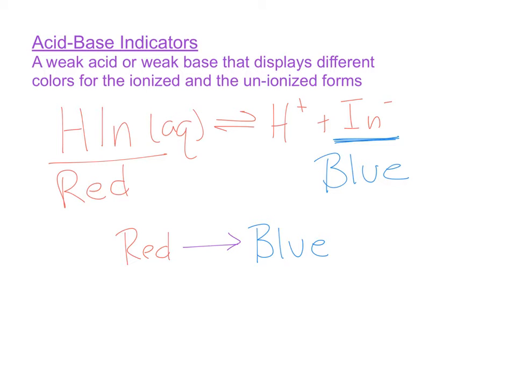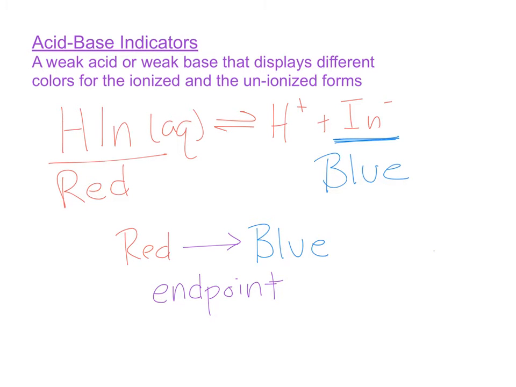And the end point is essentially how we can determine what the equivalence point is for any titration, okay? The end point is the physical indication where the color changes, and the equivalence point is where the neutralization is complete. So we can use the end point to estimate the equivalence point.